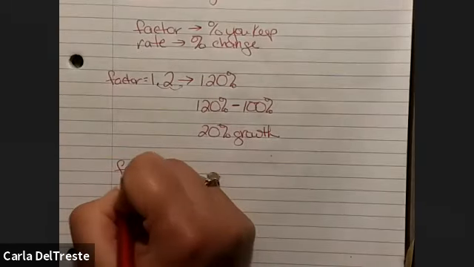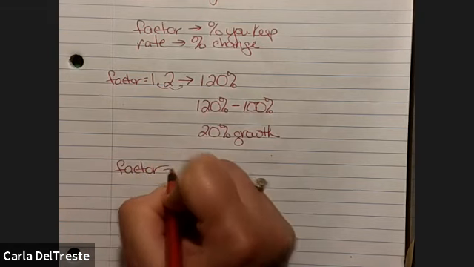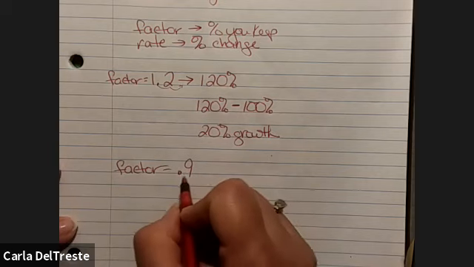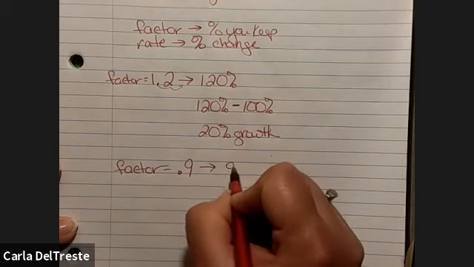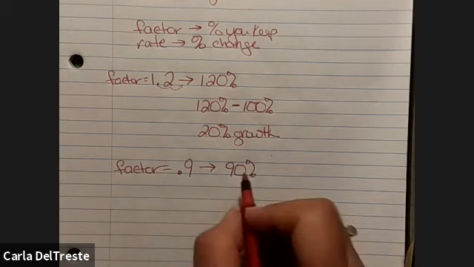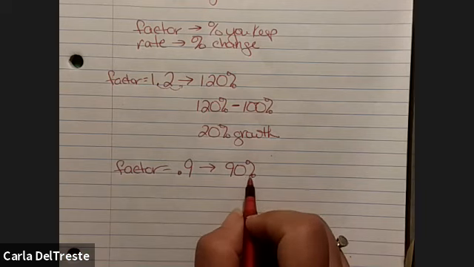If the factor was smaller than 1, so let's say 0.9, we'll use 0.9 as an example. If I converted this to a percent, that means every time I still get to keep 90%. Okay, I'm going to have 90% of what I had the previous time. But I don't want to know what I'm keeping. I want to know the difference.